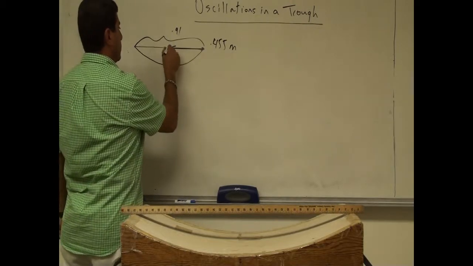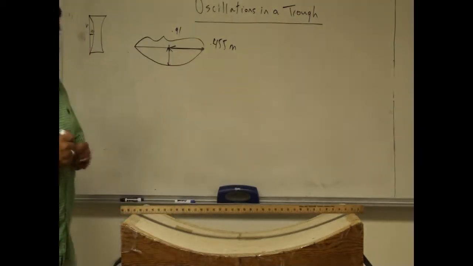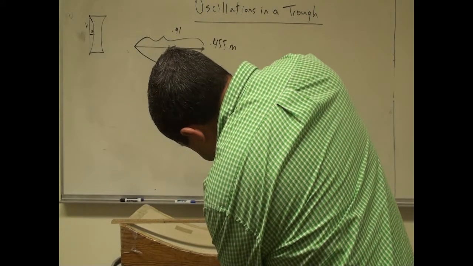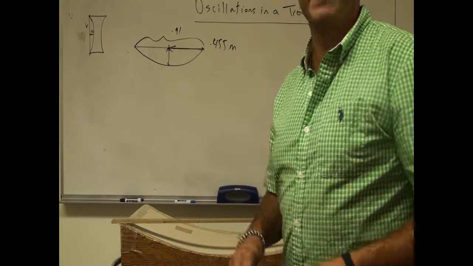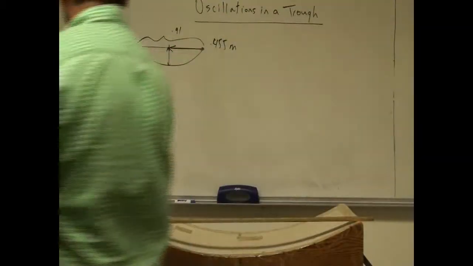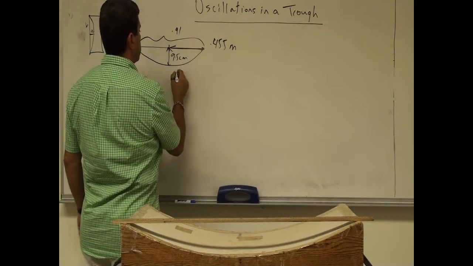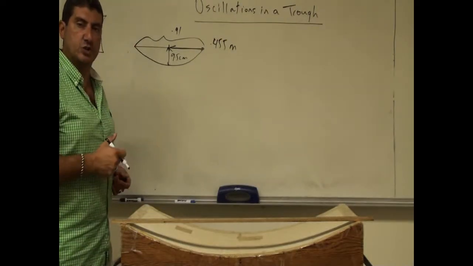And then now let's measure the distance from the straight line to the surface of the trough. Okay, that's 9.5 centimeters, which is going to be, well, let's first calculate it in centimeters, and then we can change our result to meters.